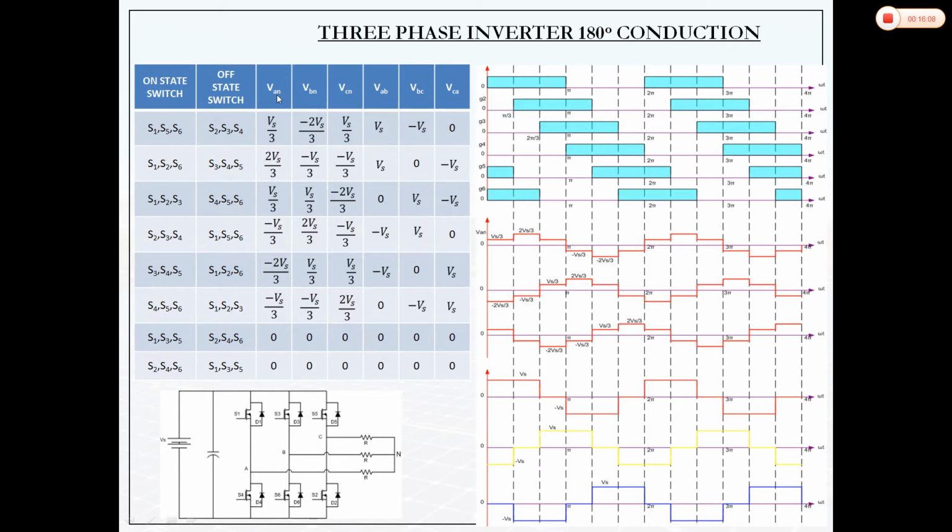Now if you want to find the line voltages, VAB, VBC and VCA, VAB will be nothing but VAN minus VBN.